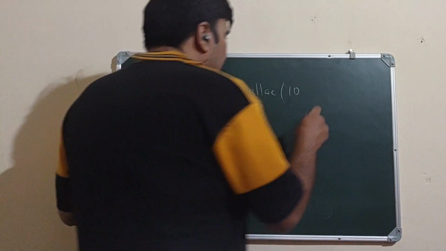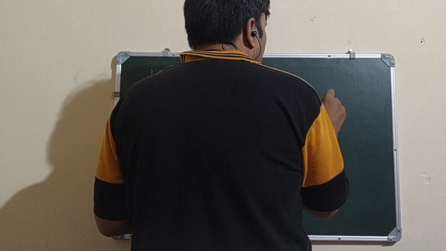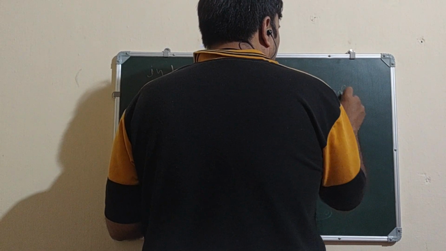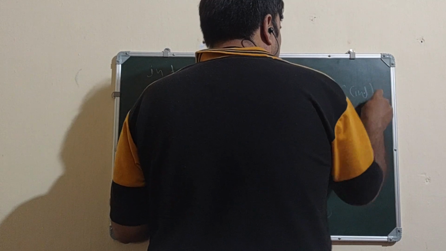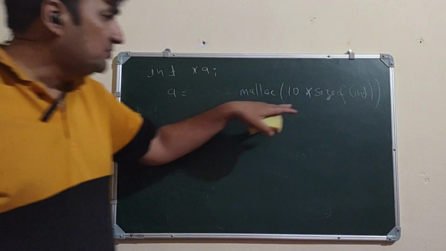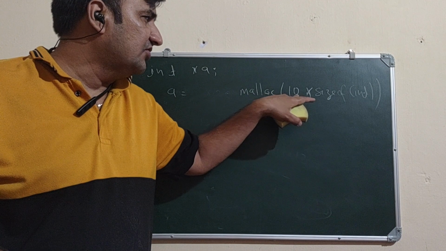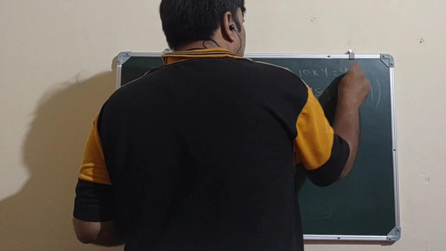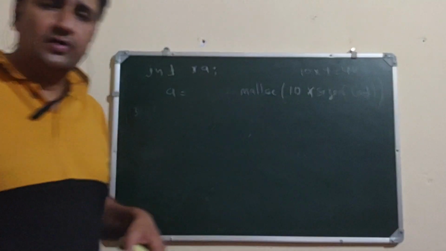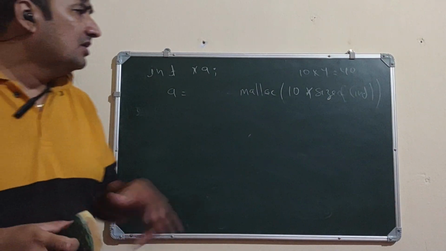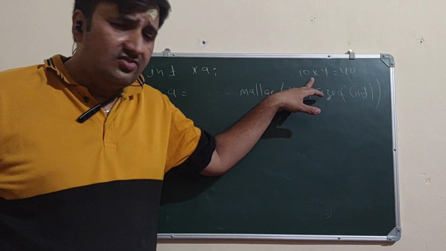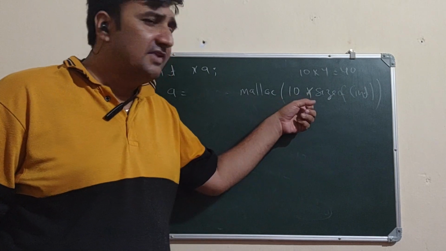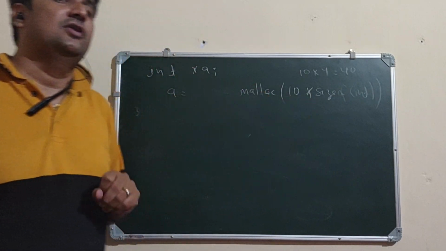So the best way to do it is to multiply 10 by size of integer. Now this much memory is allocated. That is 10 into 4, that will be 40. Even if I directly write 40, it will work. But the problem will be, if my integer is occupying less than 4 bytes of memory or more than 4 bytes of memory, in that particular case this code may not work properly.